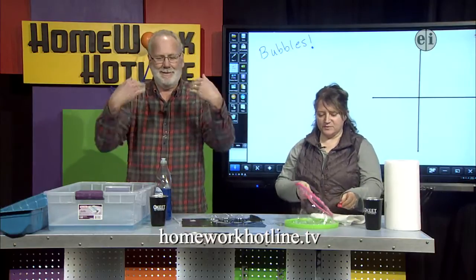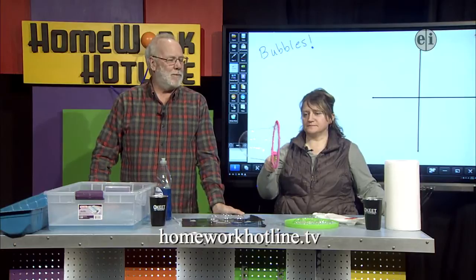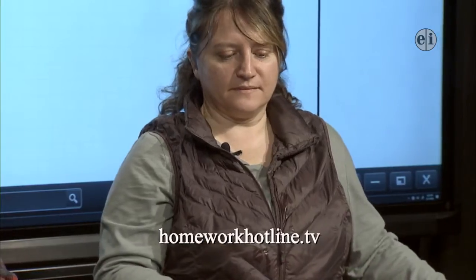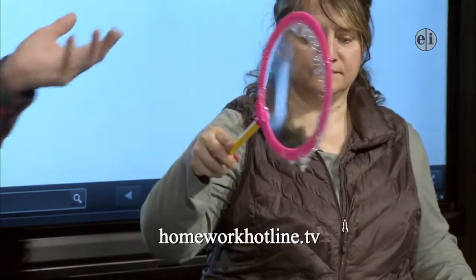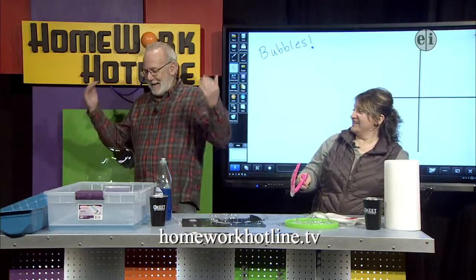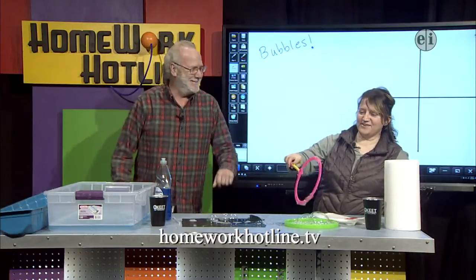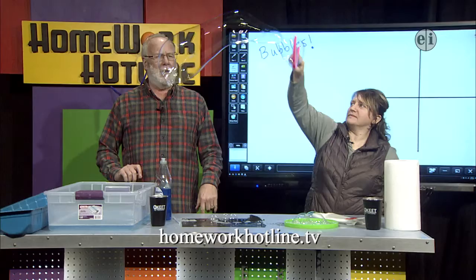Once it forms a bubble, you've got air trapped inside, a certain volume of air, and the bubble forms this elastic shell around it, and that shell will shrink to whatever size gives the smallest amount of surface area for the amount of volume that's in it.